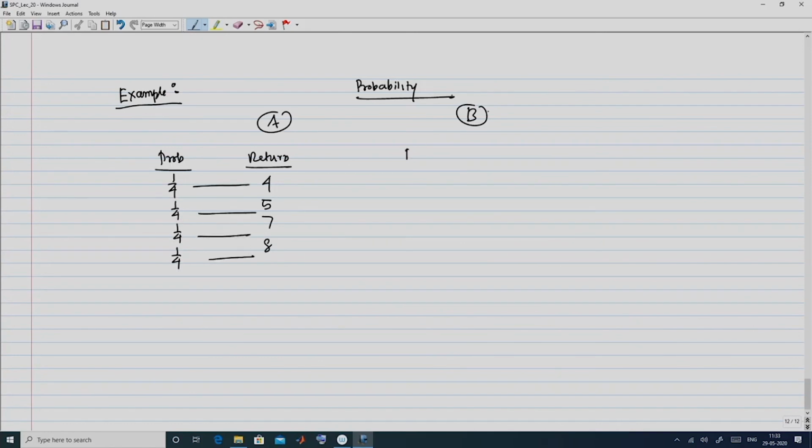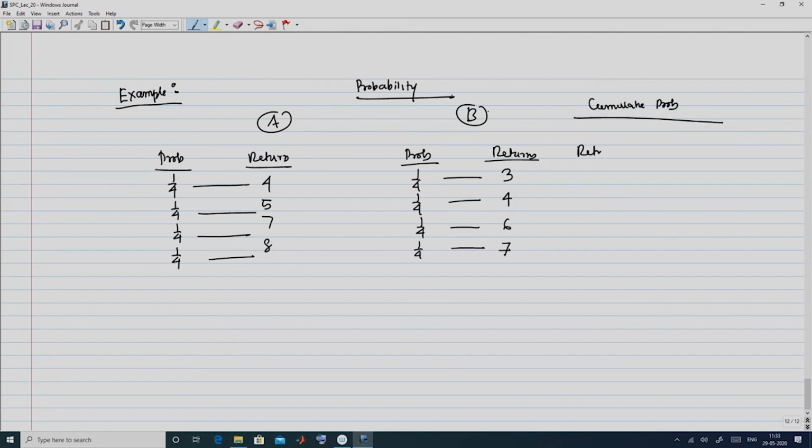And in case of asset B, the returns could be 3, 4, 6, 7, again each with identical probability of 1 by 4. So, from here we will get the cumulative probabilities.